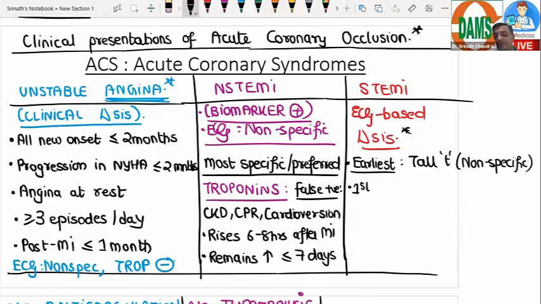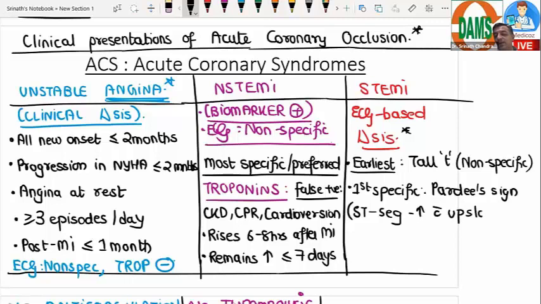The first specific feature, previously called the Pardee's sign, comes with the ST segment upsloping. So the ST segment shows elevation with upsloping, and that is also called the tombstone appearance, that we must get familiar with.